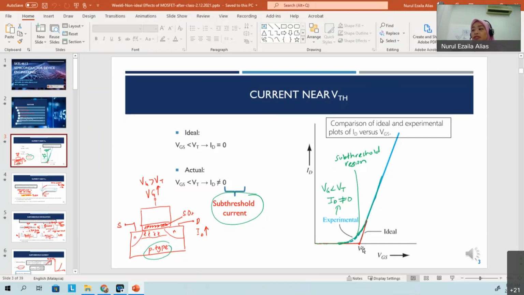Before it reaches threshold, there is a current created. This is due to the electrons from the metal, and also the initial electrons being attracted, a small number of electrons, meaning a small current is produced before it reaches the threshold voltage. So we call this the subthreshold region or weak inversion.